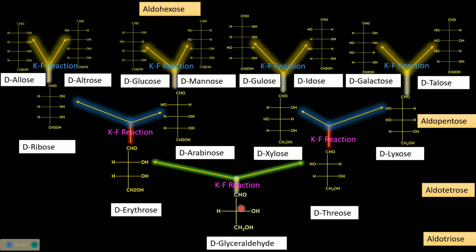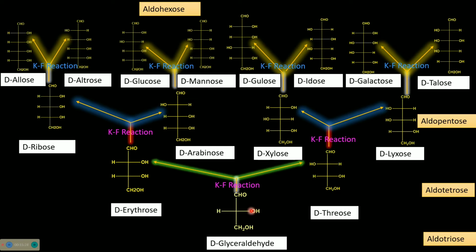Just note the point: if we perform the Killiani-Fischer reaction on an aldose, we will get two higher homologs. If we perform it on the aldotriose D-glyceraldehyde, then we will get two aldotetroses.